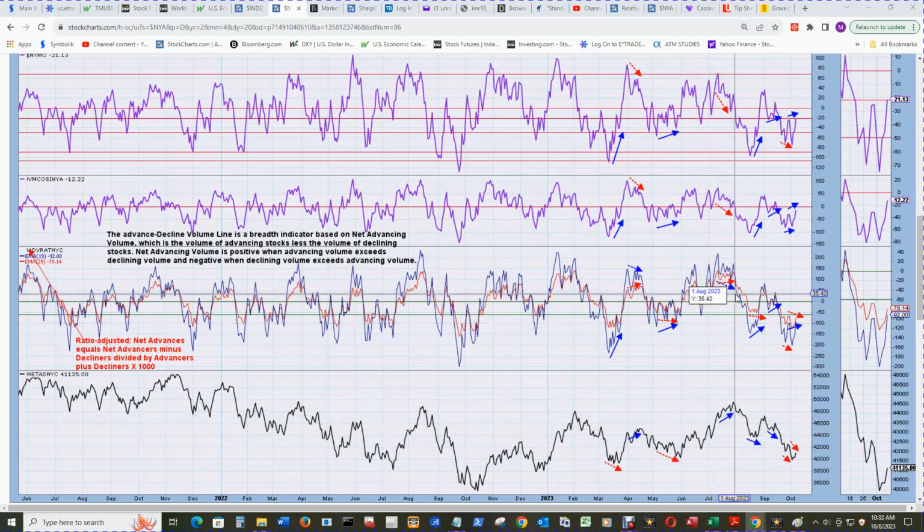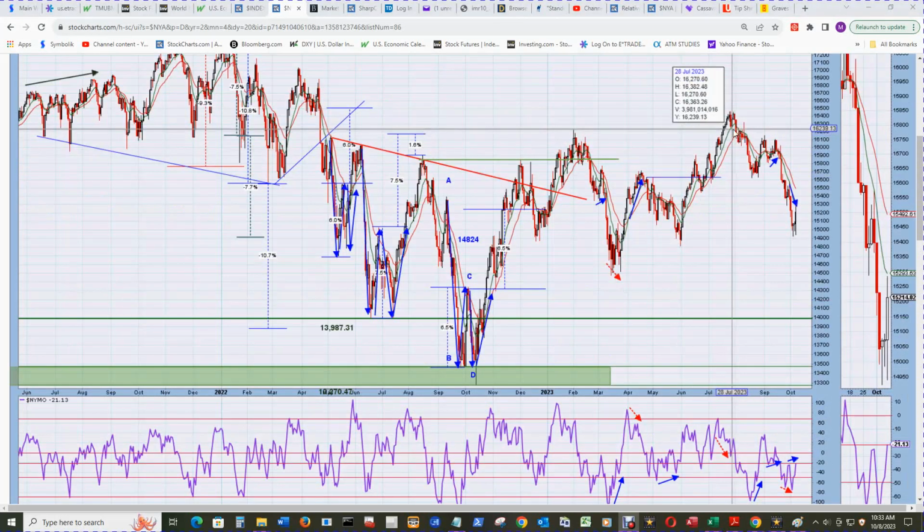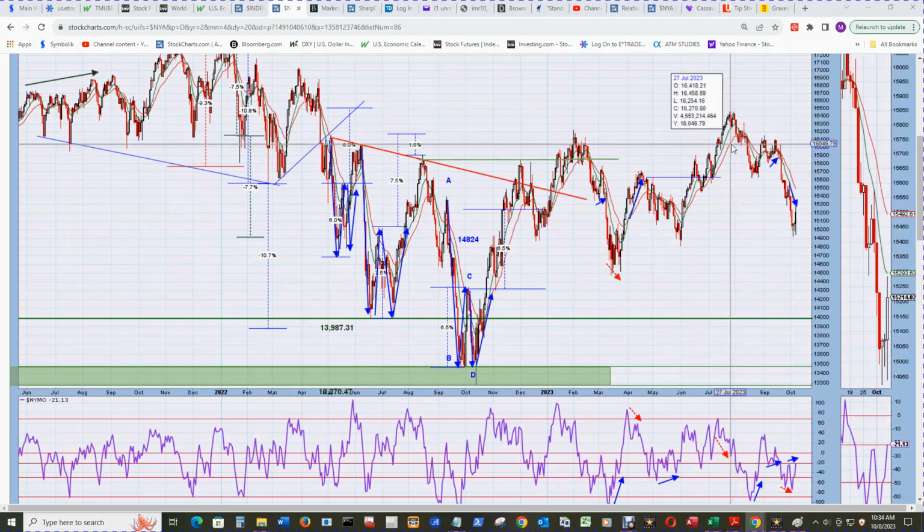Needed to get on board, and eventually did. However, by then, a couple of days later, there was a huge downdraft. So another early warning by the breadth and volume oscillators, as you can see up here in price.